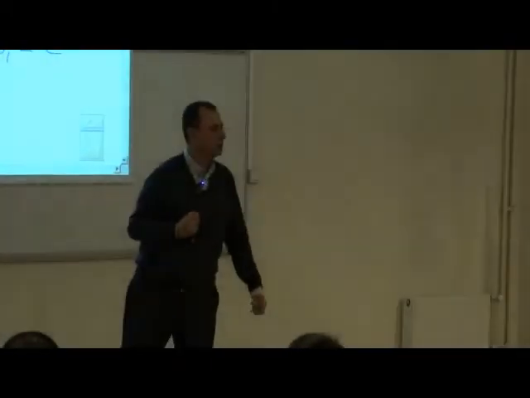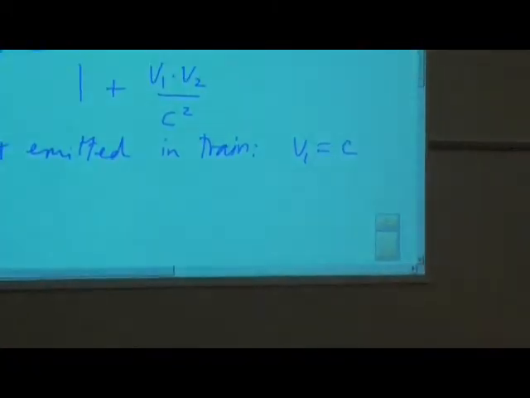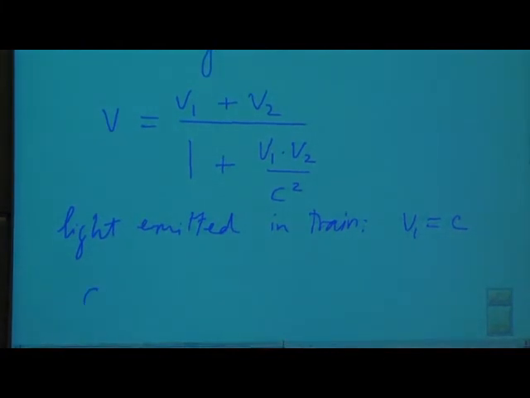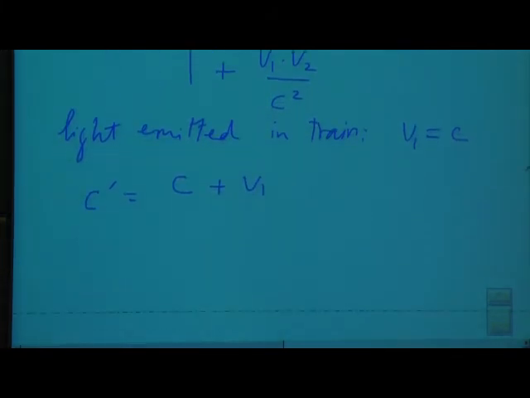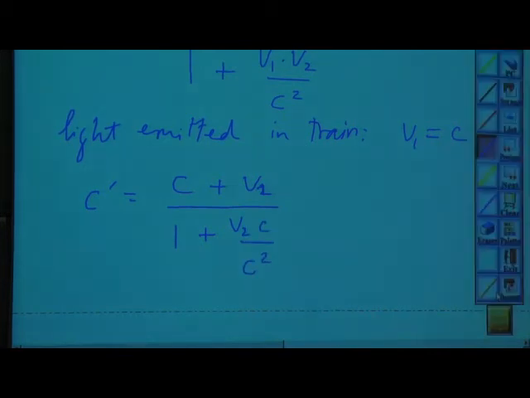Let's see what the formula will give. Then C prime is simply, for V1 I'm going to put C, plus V2, divided by 1 plus V2 C over C squared. V2 is the train's velocity. Okay? 10 kilometers per hour, let's say. Right? Let's continue the calculation. Is everybody with me?